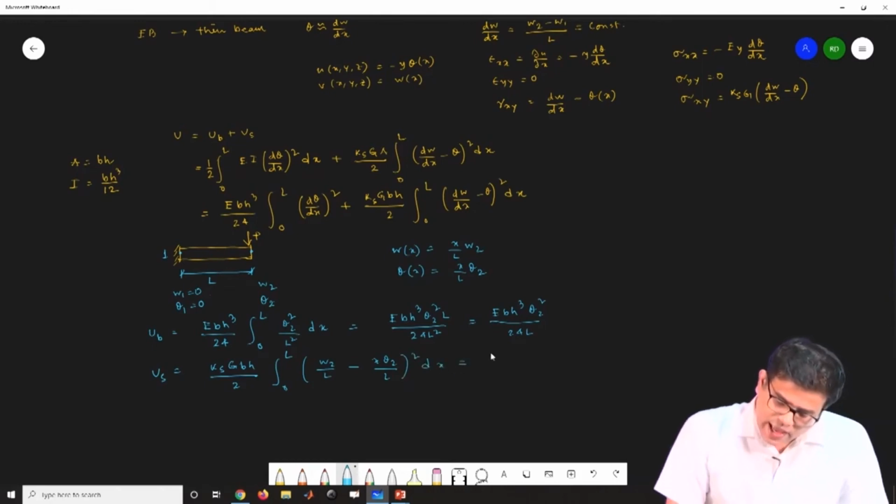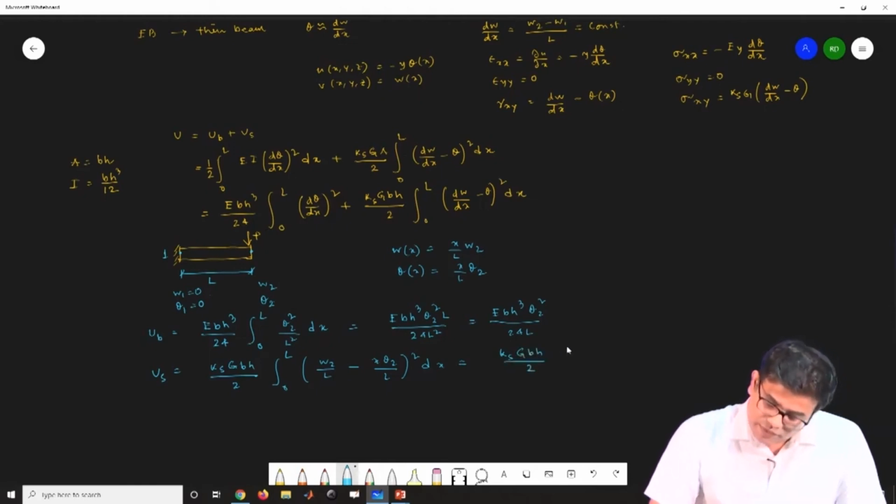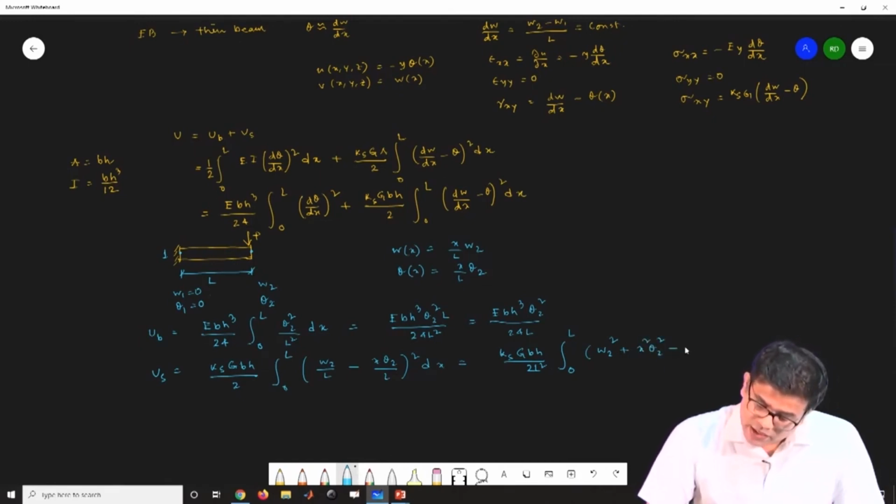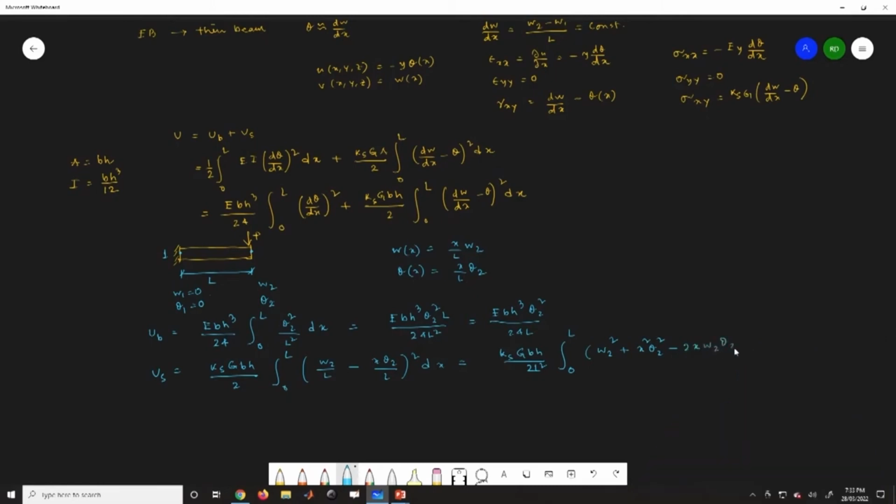Now this is Ks G B H by 2 L square, taking 1 by L square out, integral 0 to L of W2 square plus x square theta 2 square minus 2x W2 theta 2. That is my shear strain energy.